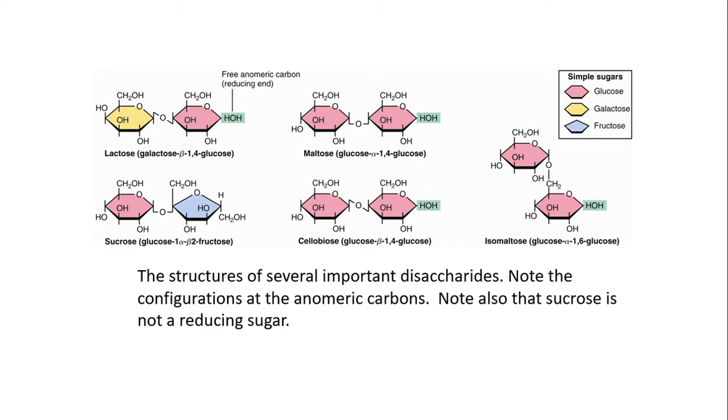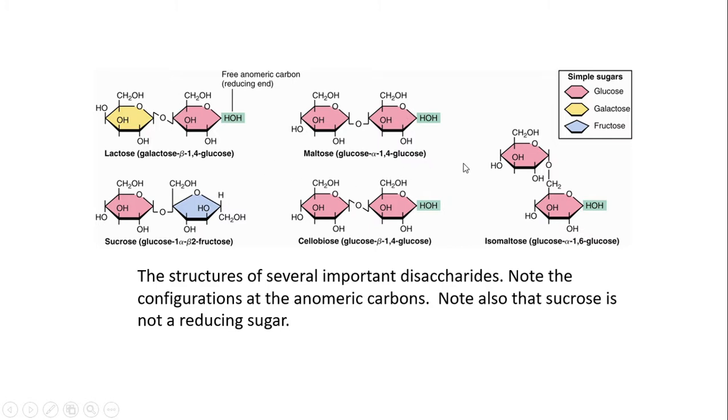Lactose can't be directly absorbed in the bloodstream, so that means we need an enzyme to break that glycosidic bond to free those monosaccharides up, and that enzyme is lactase. Lactose intolerance results from the lack of this enzyme.